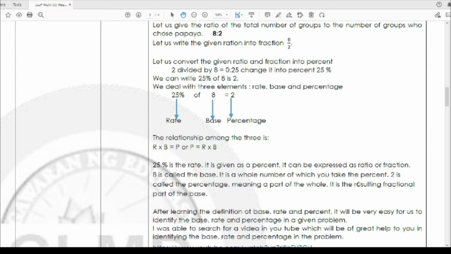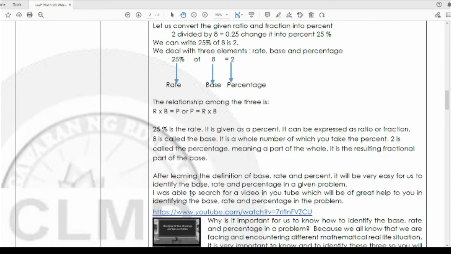It is the resulting fractional part of the base. After learning the definition of base, rate, and percentage, it will be very easy for us to identify the base, rate, and percentage in a given problem.